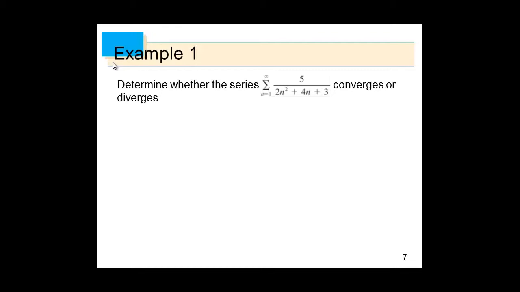Why would you guess that? In the denominator, the highest order term is this one. So if you ignore the other terms, what you have is 5 over 2n squared. Maybe I should write that down.